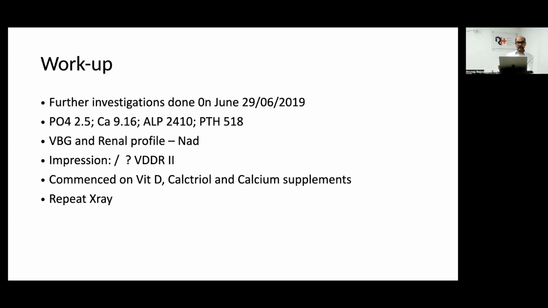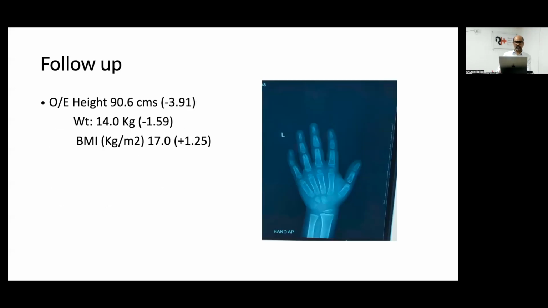So as I mentioned, initial impression was vitamin D dependent rickets type 2 because the calcitriol was high, but later on, even with a normal dose of vitamin D, calcitriol, and calcium supplements, the child had a good response, and the repeat X-ray showed clear improvement and clear resolution of the rickets.